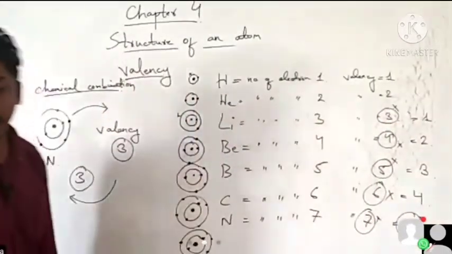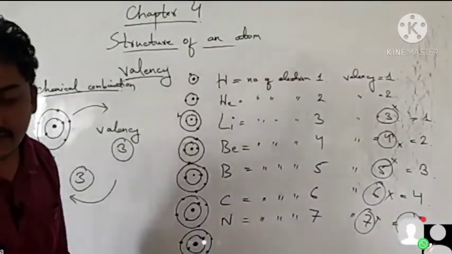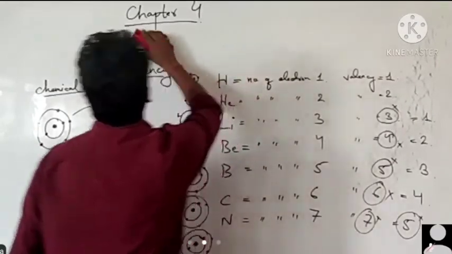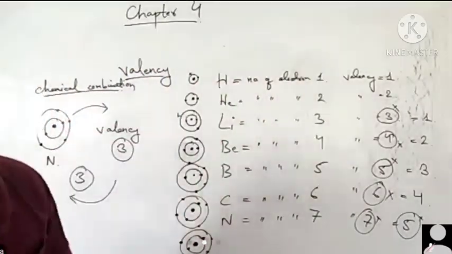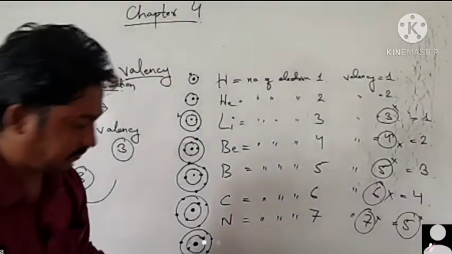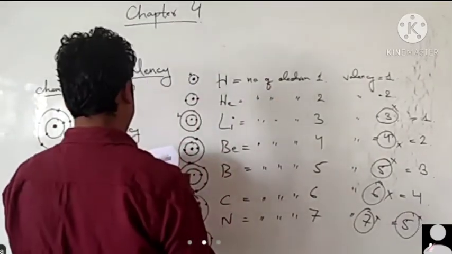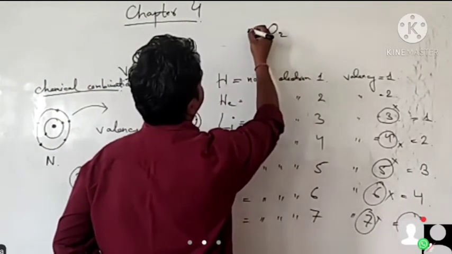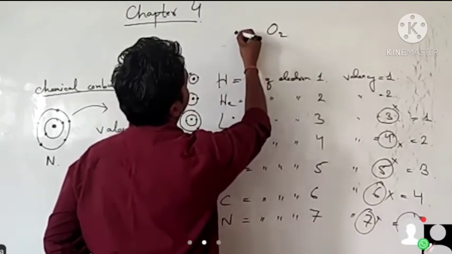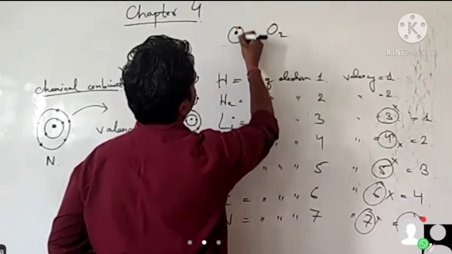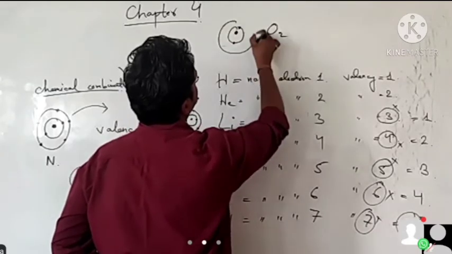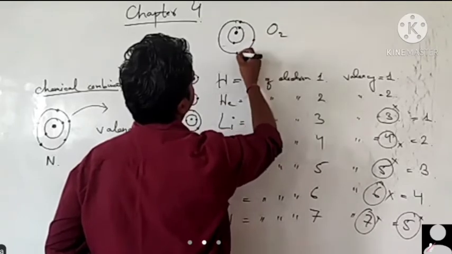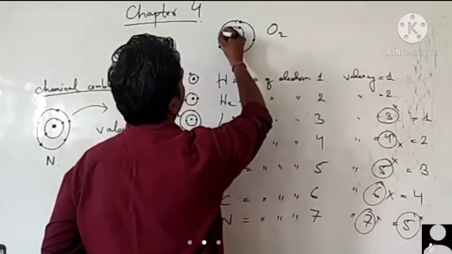Similarly for other elements also, as for example, let's take the example of oxygen. So oxygen has 8 electrons. For oxygen, this is the nucleus, and in the innermost cell we have 2. Then here we have how much? 1, 2, 3, 4, 5, 6.